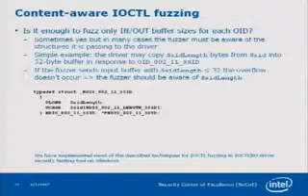Hence, the fuzzer should be aware of that specific byte in the input buffer, which is the SSID length. So that shows that the device IO control fuzzer needs to understand the structures it is passing in the IO control request for a certain object identifier.